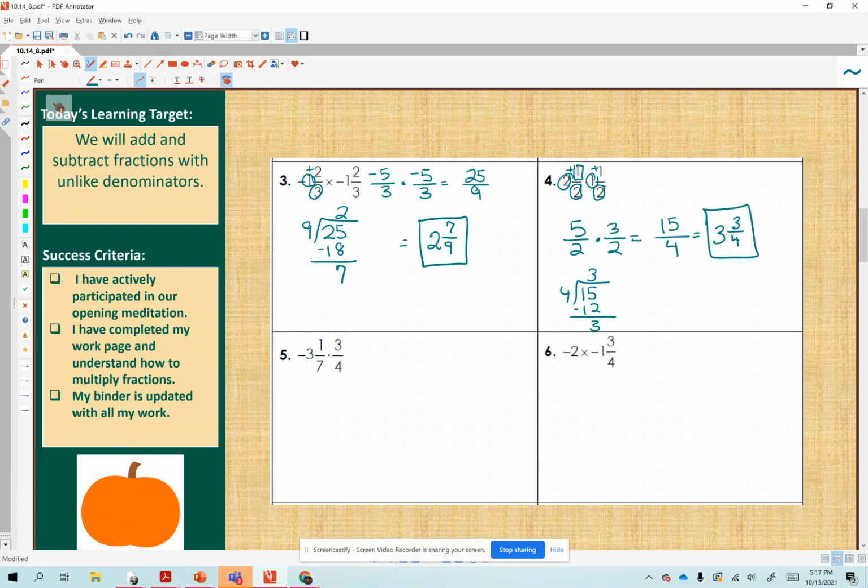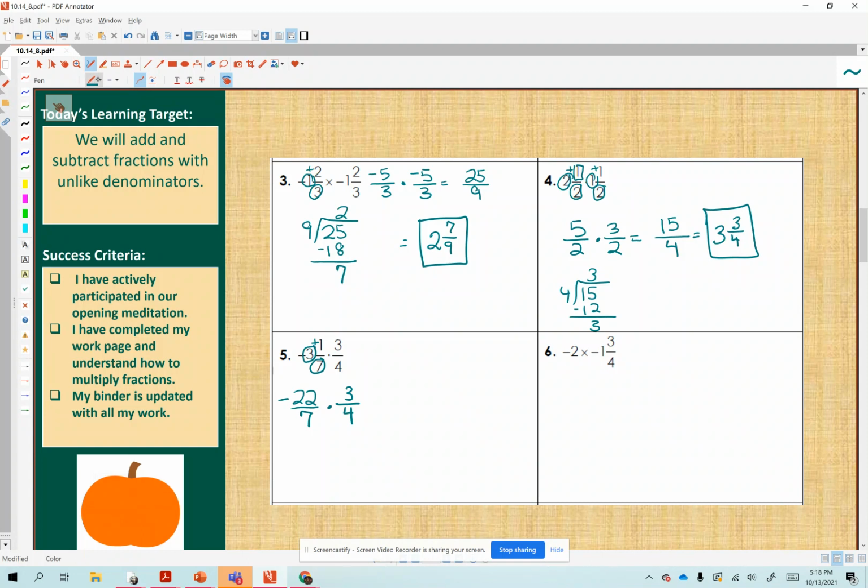And on to number 5. In number 5, we have negative 3 1/7 times 3/4. So let's multiply 7 times 3 to get 21 and add that numerator to get 22 sevenths, and that's negative, times 3/4.